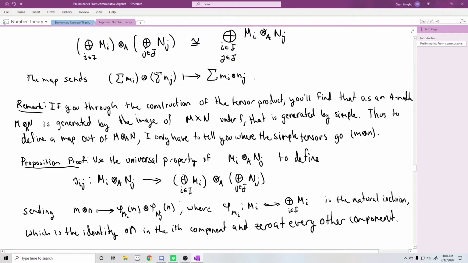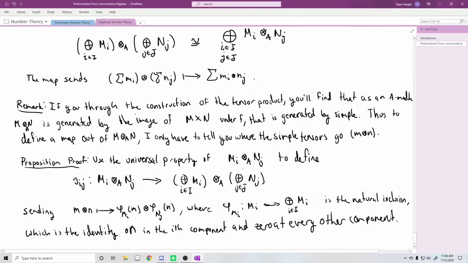Okay. So you can check that you can define a map from the tensor product in this way using the universal property. You define it from the Cartesian product, check that it's bilinear, and then you automatically get a map from the tensor product that behaves in this way.